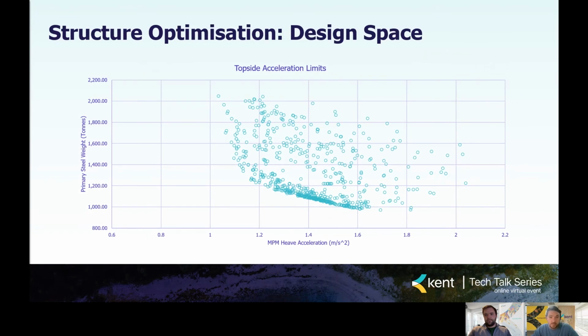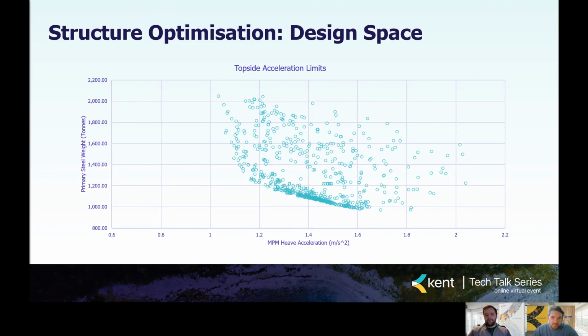So in our example here, we're optimizing for steel weight and specifically the heave acceleration. And this figure shows all of the designs that the software has produced, where each point represents an individual viable design.